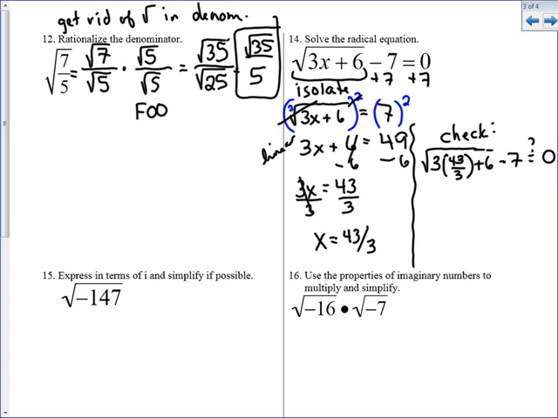Yeah. So the 3 times 43 over 3. It looks bad because there's a fraction, but if I just put that 3 over 1, and I look at my fraction here, I have a 3 in the numerator and a 3 in the denominator, so they can cancel. It's just 43. Or if you multiply straight across and then divide by 3, it still works out to be 43.